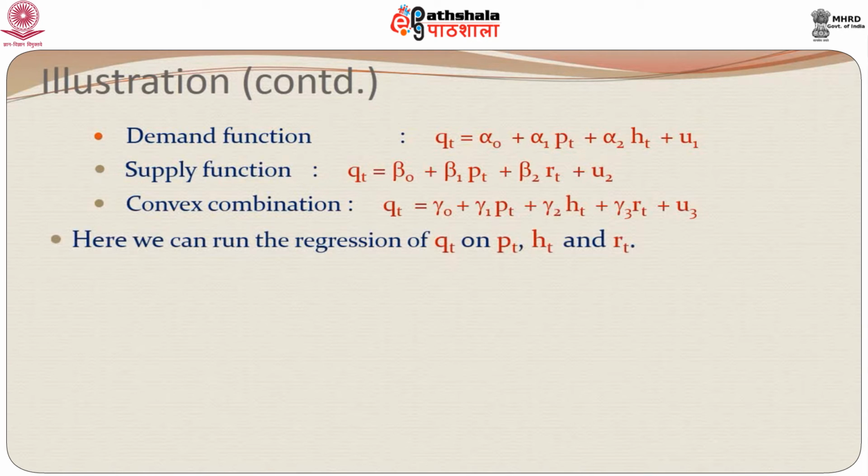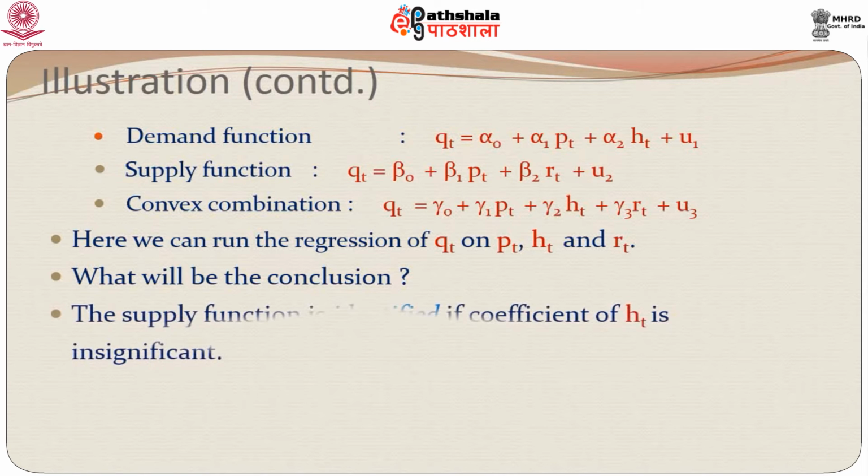Now, if we run the regression of Q on Pt, Ht and Rt, then several things can happen. And what will be the conclusions drawn from this? Firstly, if the coefficient of Ht is insignificant, then it must be the supply function, because the supply function has a 0 coefficient for Ht, and insignificance would mean that the coefficient is very close to 0.